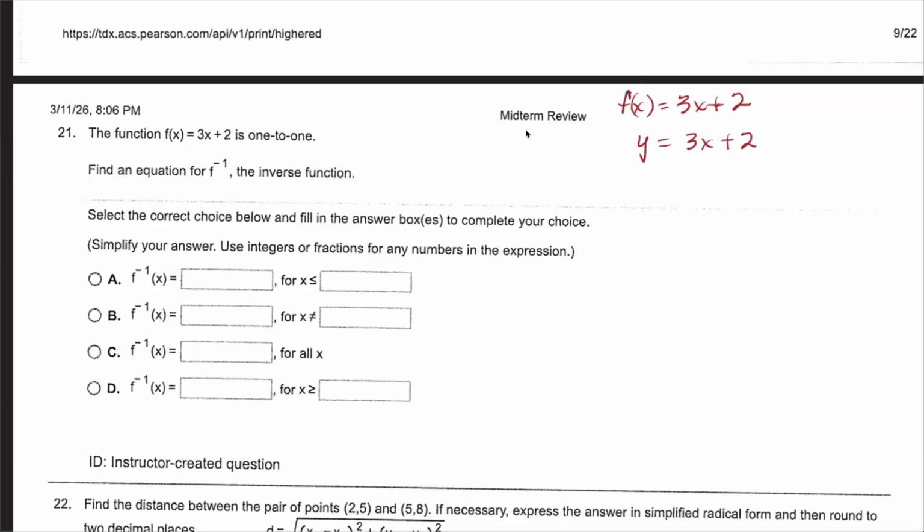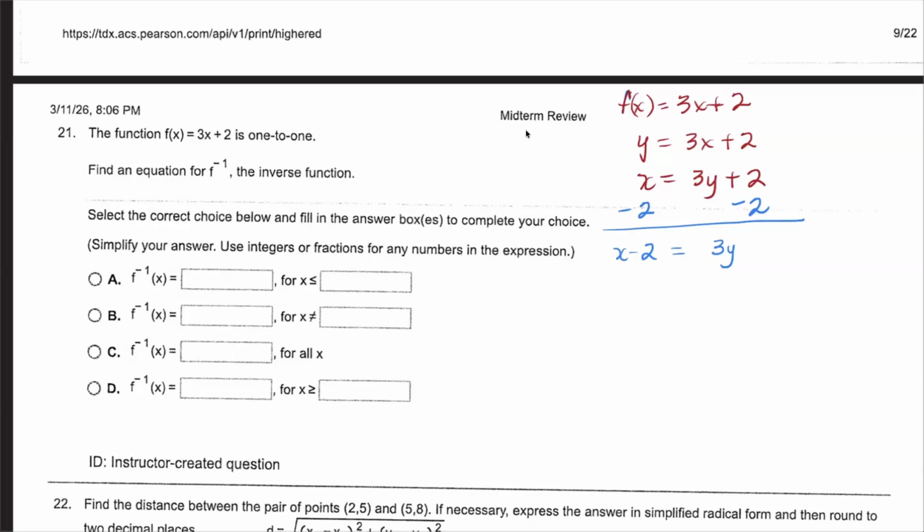Then we interchange the x and the y. So x equals 3y plus 2. Then we solve this equation for y. Solve means get the y by itself. So I will subtract 2 from both sides. So that gives me x minus 2 equals 3y.